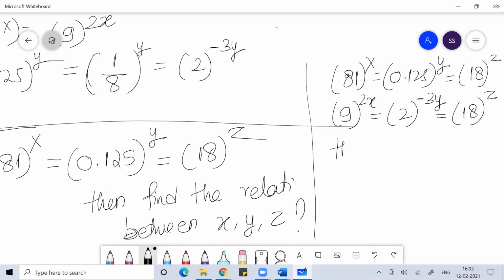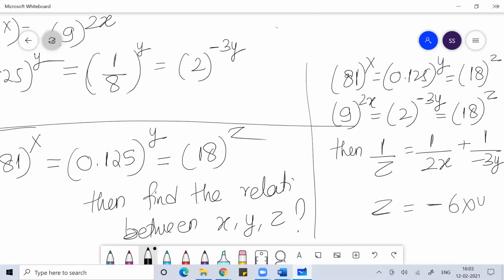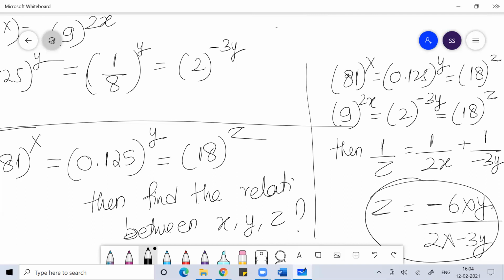So then you know the theorem, 1 by z is equal to 1 by 2x plus 1 by minus 3y. You can solve, you get z value is equal to minus 6y divided by 2x minus 3y. Solve by using LCM, you'll get this answer.